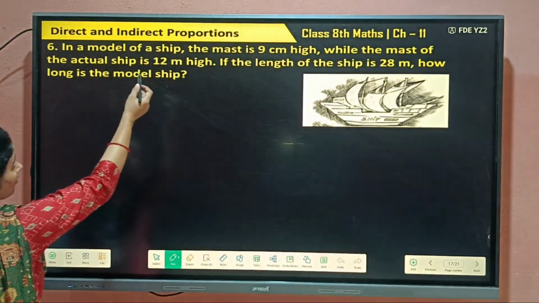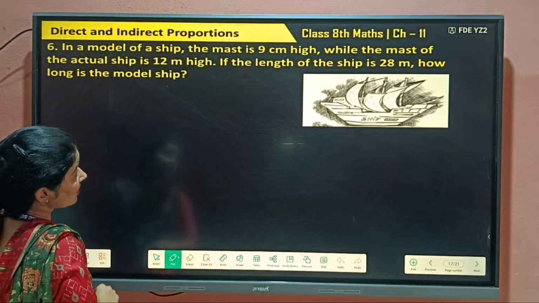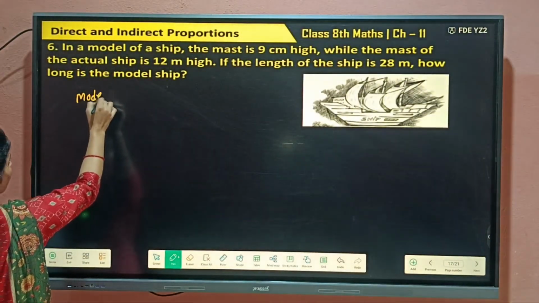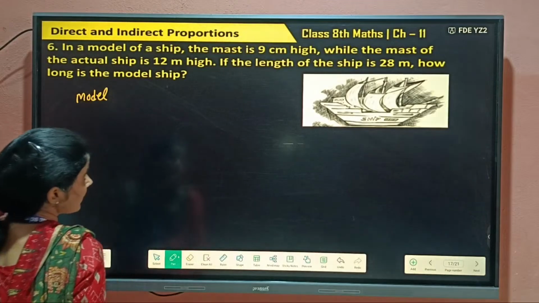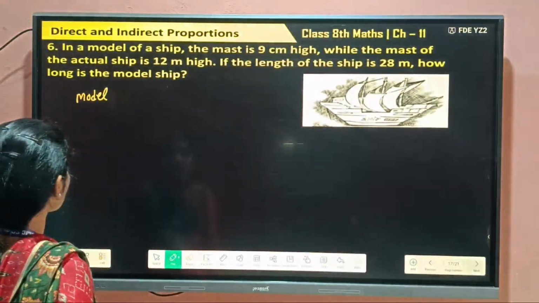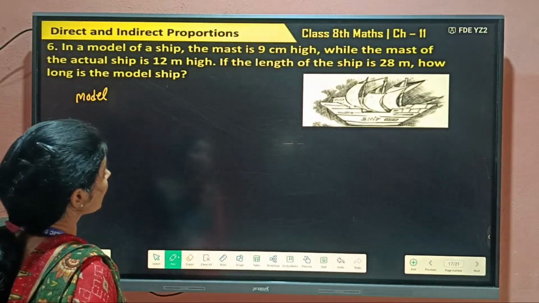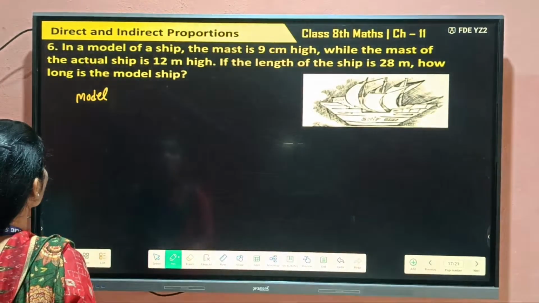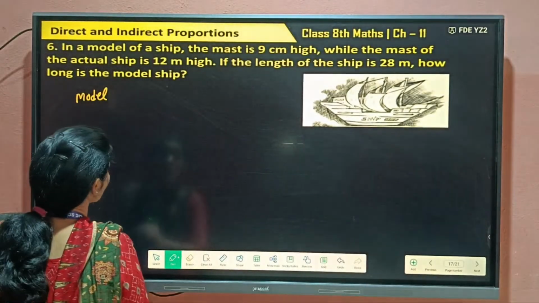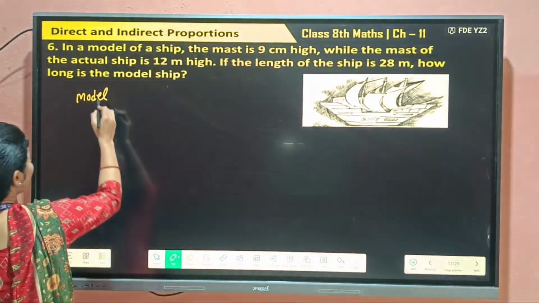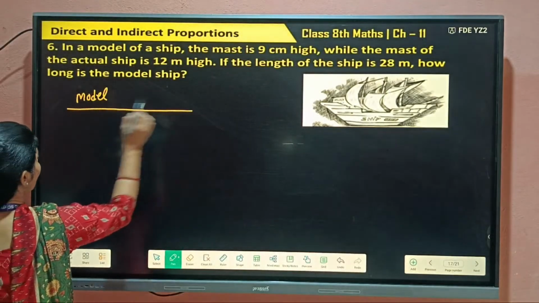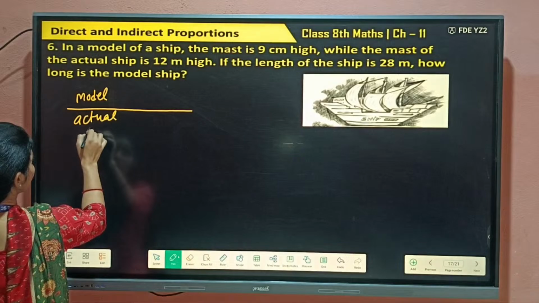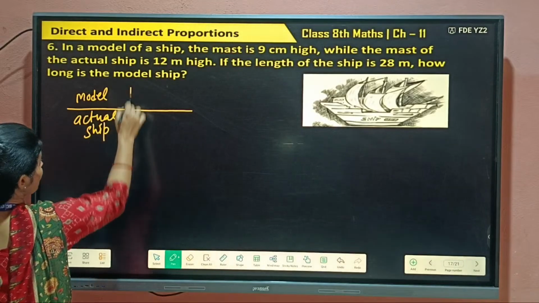In a model ship, the mast is 9 centimeter high. One is model ship, 9 centimeter high, while the mast of actual ship is 12 meter. If the length of the ship is 28 meter, how long is the model ship? You will write model ship and their actual ship.